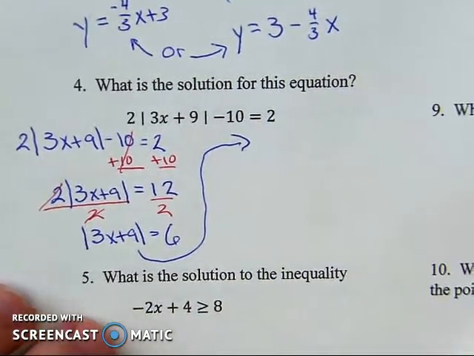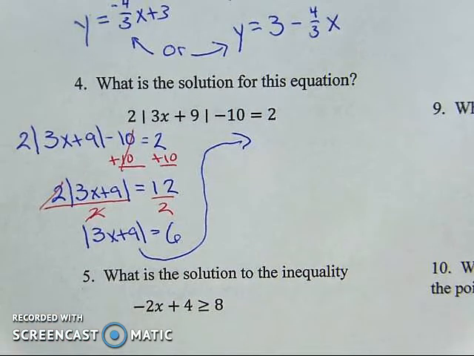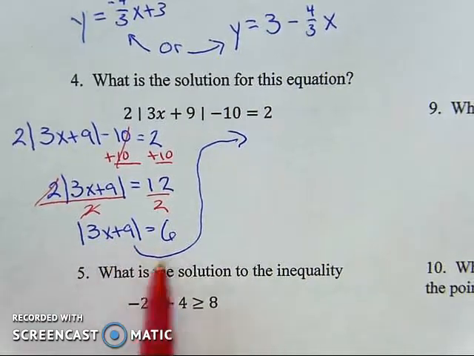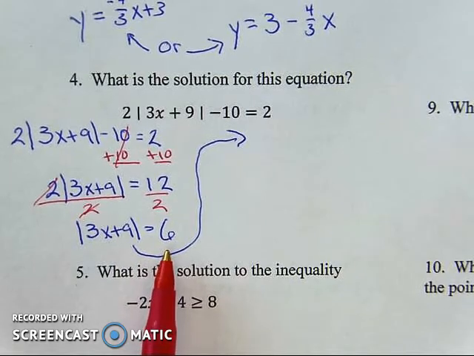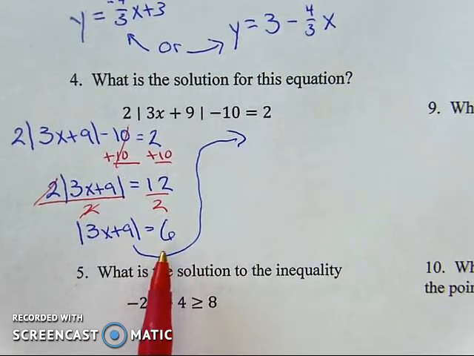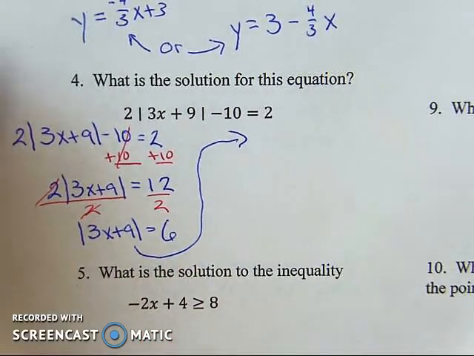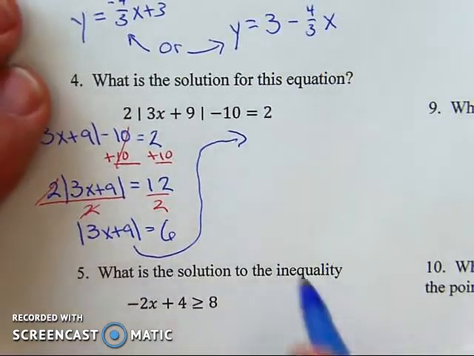All right, so remember what absolute value is. It's the distance from 0 on a number line. So the thing with this one is it's saying that this amount is 6 units from 0. But that could mean it's at 6 on the number line, but it could also mean it's at -6 on the number line. So I'm going to take those both into account.